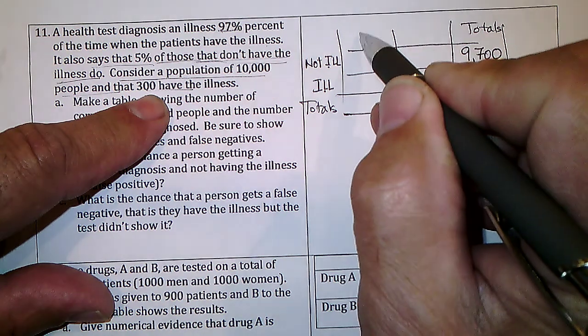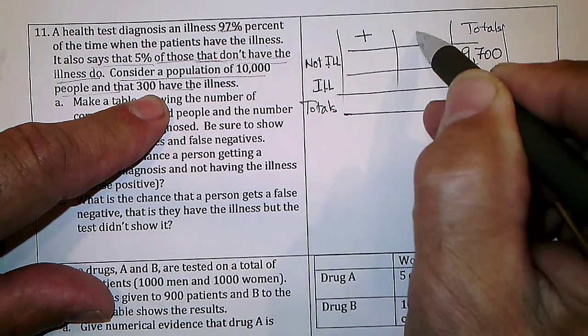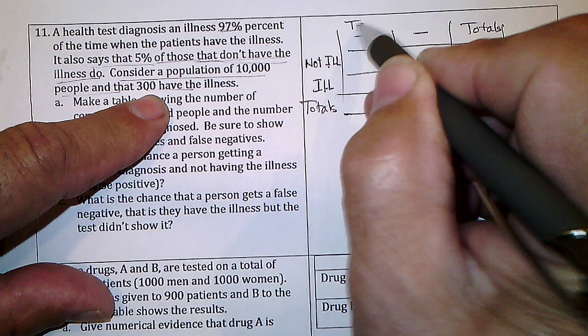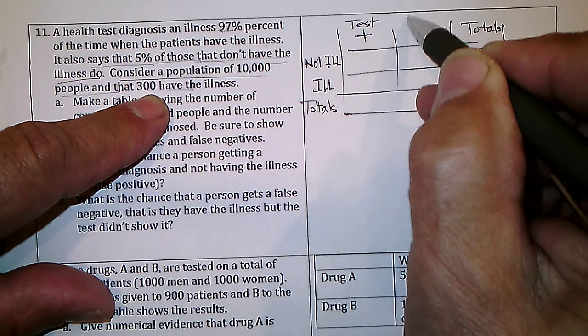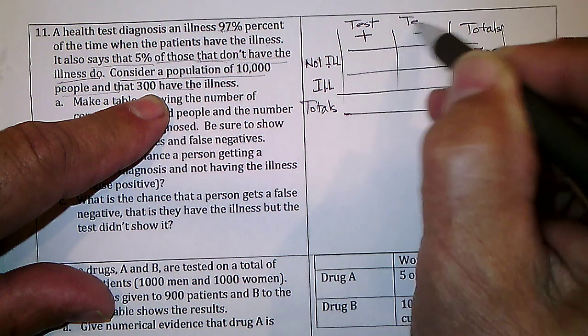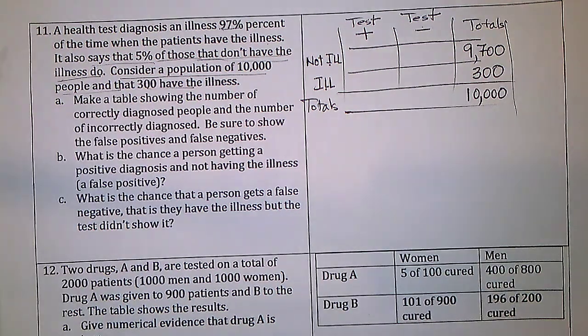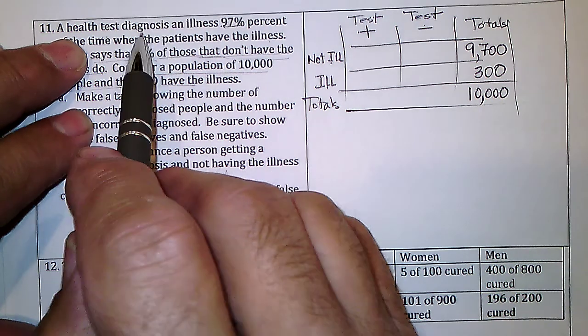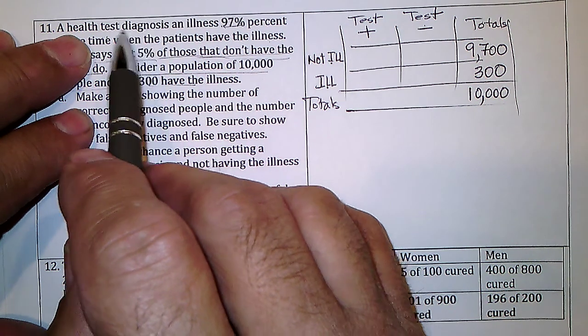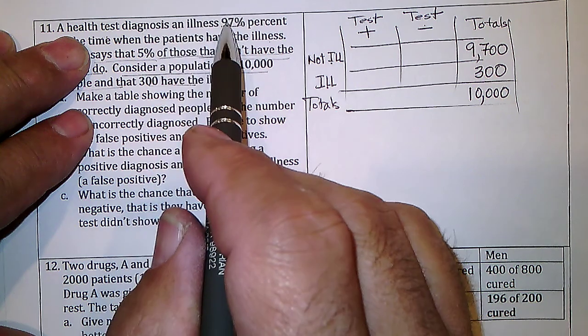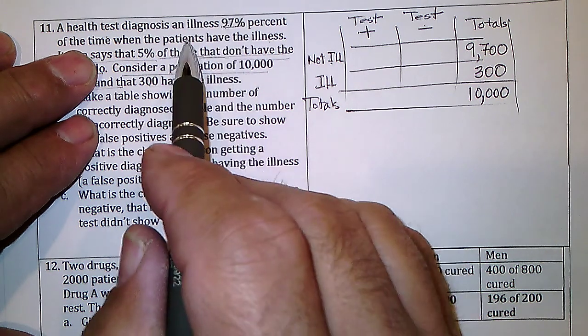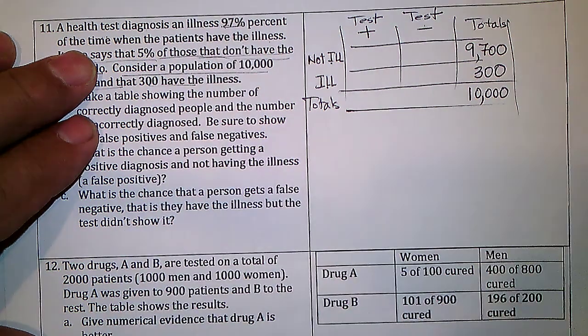And they test positive, test negative. Test positive means the test says they have it. Test negative means the test says they don't have it. The health test diagnoses the illness 97% of the time when the patients have the illness.